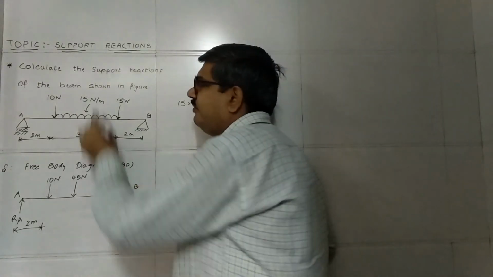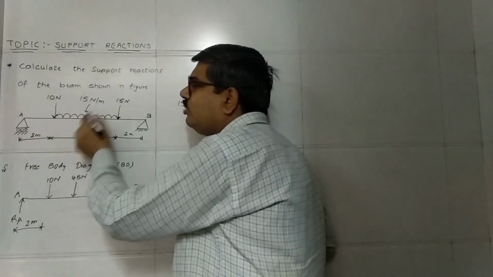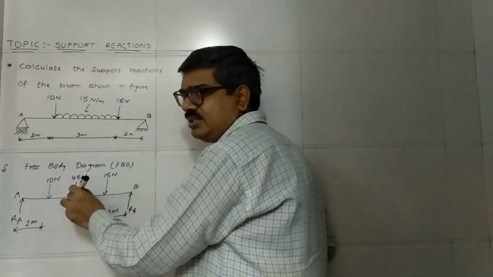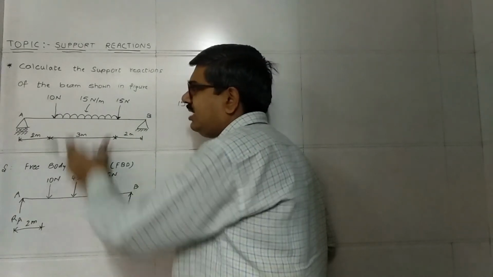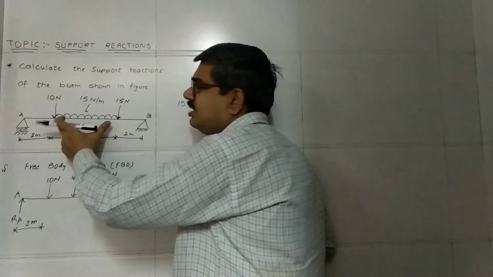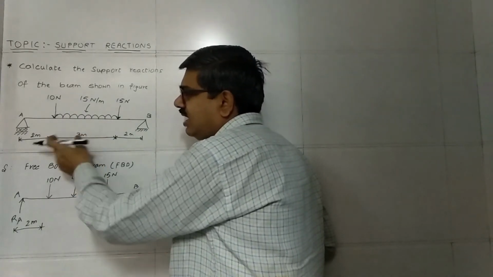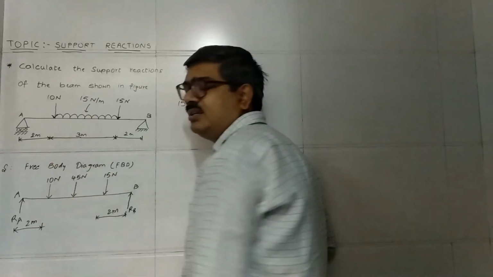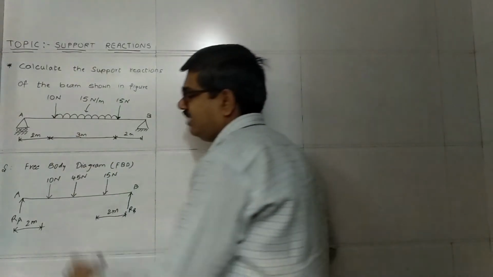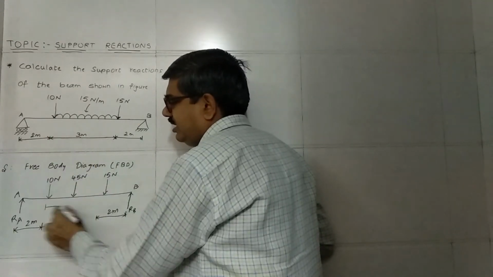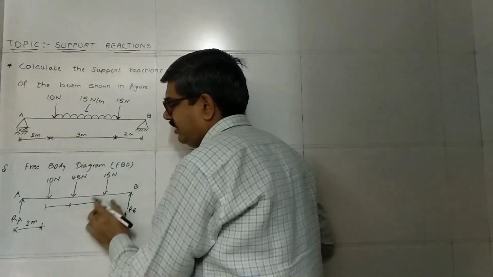Always remember, whenever you convert a UDL into a point load, the equivalent point load will act at the mid span of the UDL. The span of the UDL is 3 meters. So mid span means at half the distance, that is 3 divided by 2, 1.5 meters. So this 3 meter span will be split into 1.5 and 1.5.